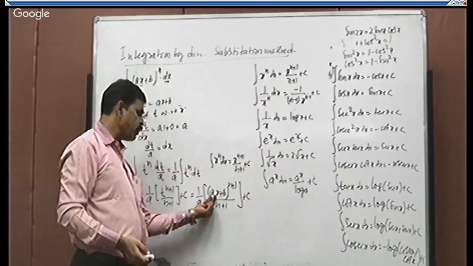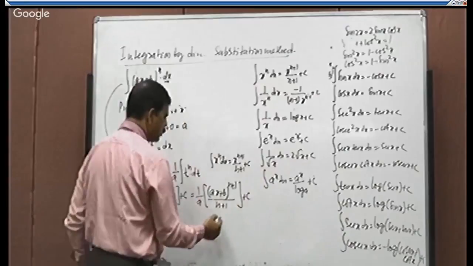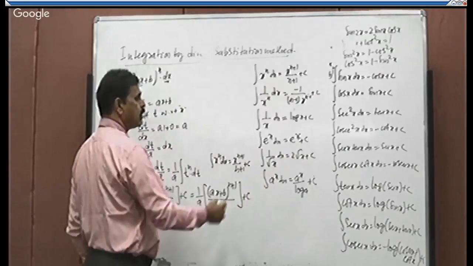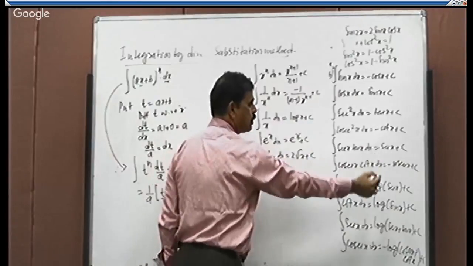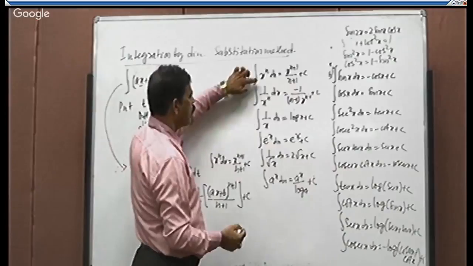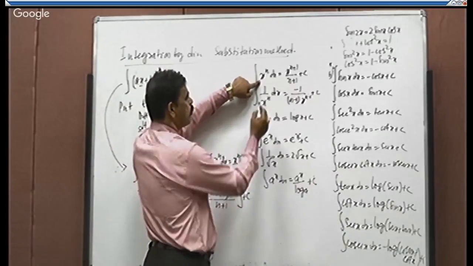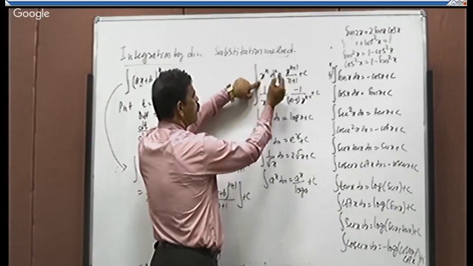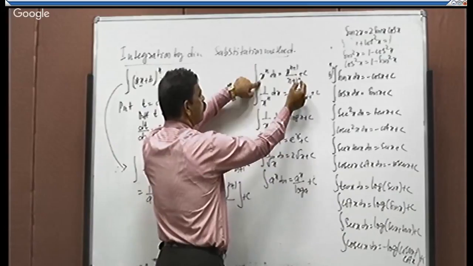A is the x coefficient. Right? So based on this derivation, we can change all these formulas in the direct substitution method. For this problem, the form becomes what? Ax plus b to the power of n is what? Ax plus b to the power of n plus 1 by n plus 1 into what?